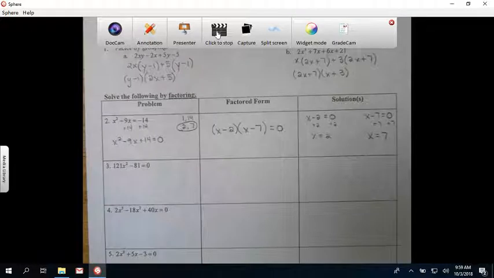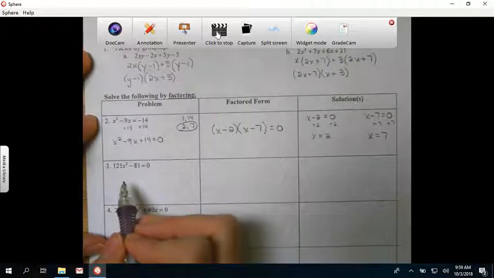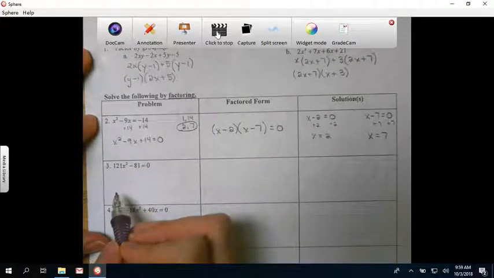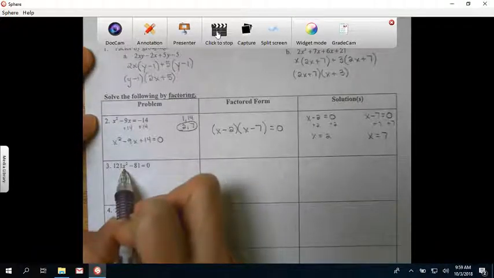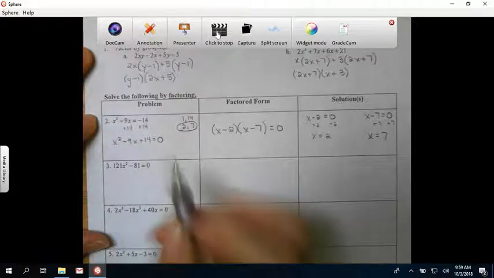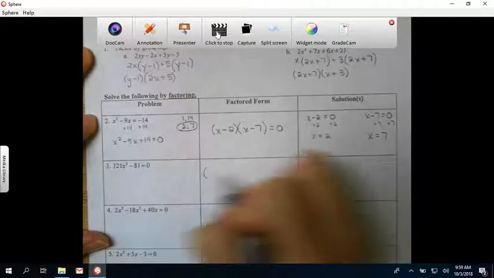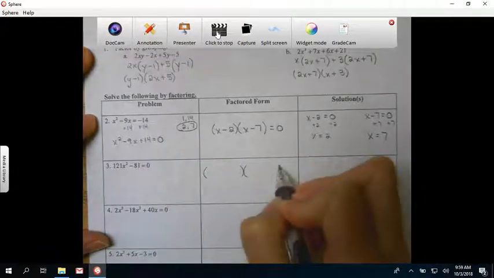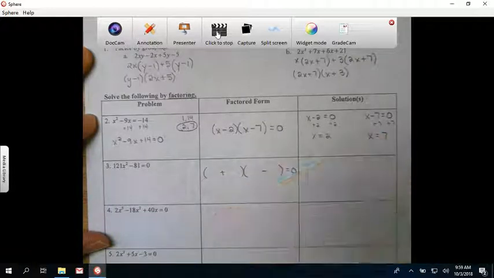On this next one, I do not have 3 terms. I have 2 terms, which means I'm probably looking at a problem where it's the difference of perfect squares. 121 is a perfect square, x squared is a perfect square, and 81 is a perfect square. Because I'm subtracting in between, I know that that's going to leave me with factors where 1 is positive and 1 is negative.